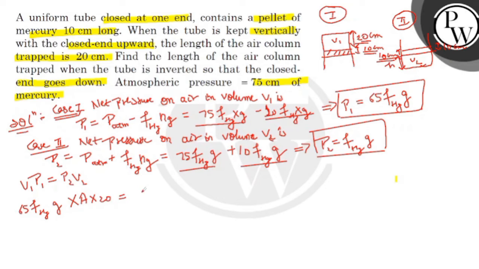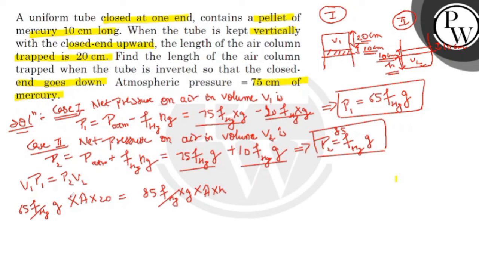P2 is 85 rho of mercury into G and the volume of this is A into H.